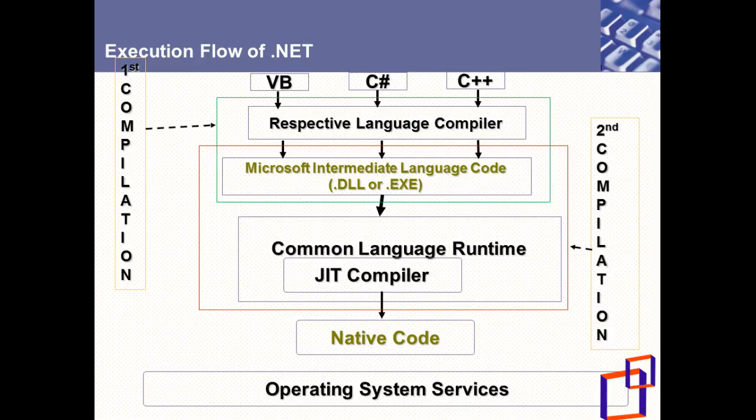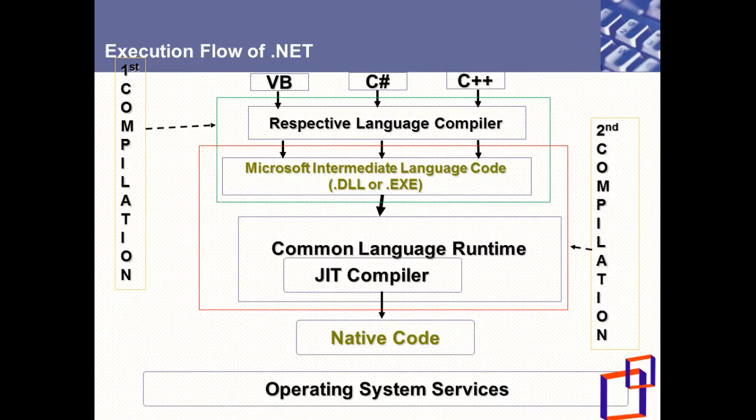Simply, the two compilations can be done on two different machines. How is it possible? With the help of MSIL code. The MSIL code is a middle code, an intermediate code between the source code and the native code. So it is possible to compile again on a different machine. This is known as machine compatibility. .NET also provides machine compatibility.